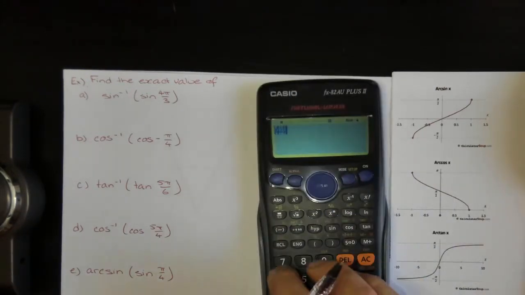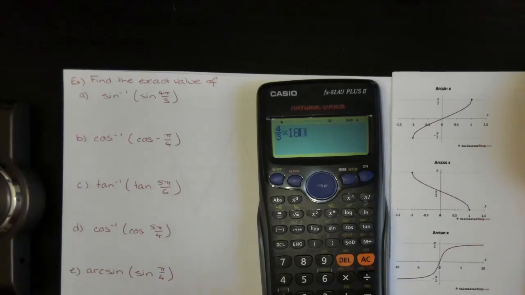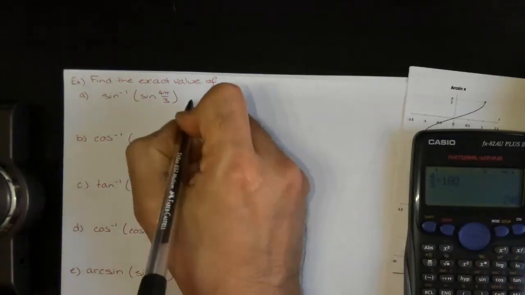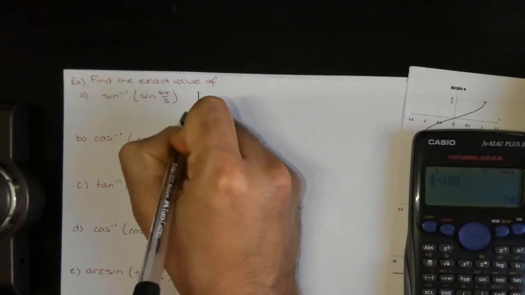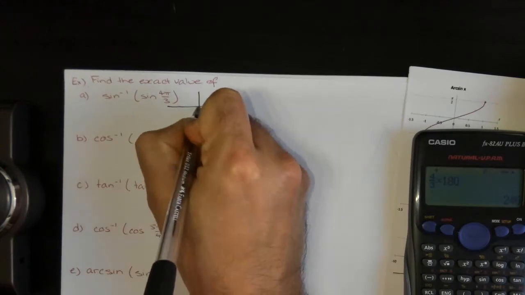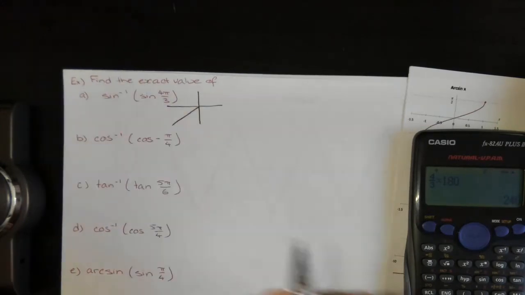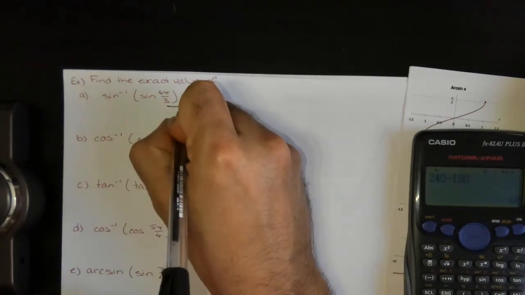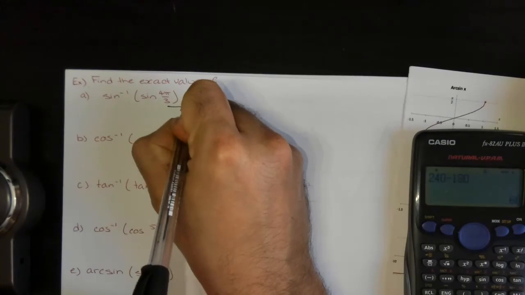So 4 pi on 3 is equivalent to 240 degrees. So it is here. So if I minus, okay, so this is 60 degrees, so that's the same as pi on 3.